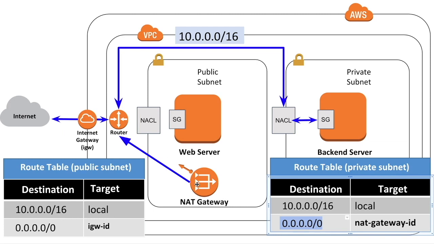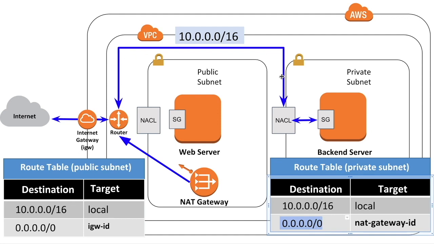So once it has the payload, it will forward that payload onto the private IP address of the backend server which was saved earlier. So what will happen is the private IP address will receive the payload and it will go back to the router, and the router again checks the private route table, and now the IP is within this range, so it will route it locally or within the VPC.